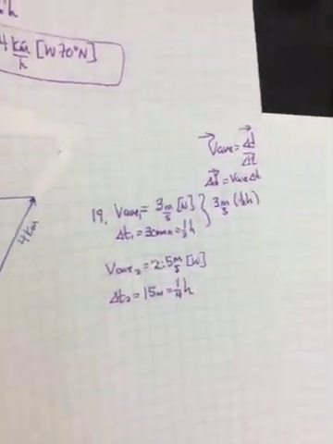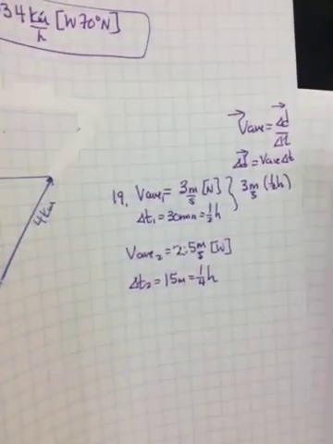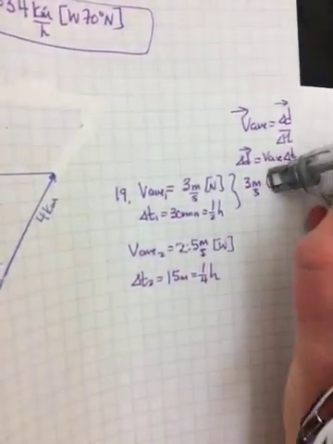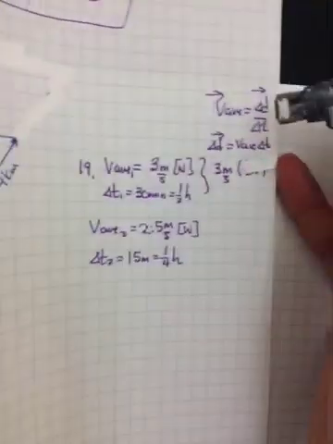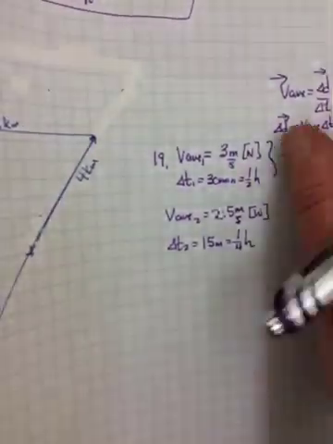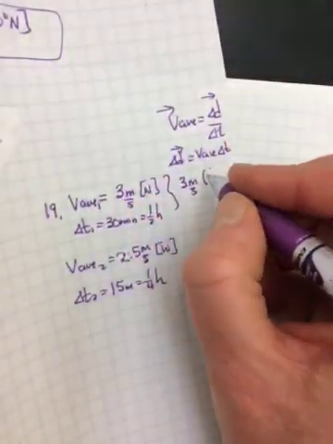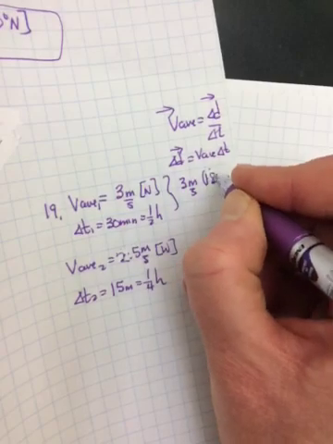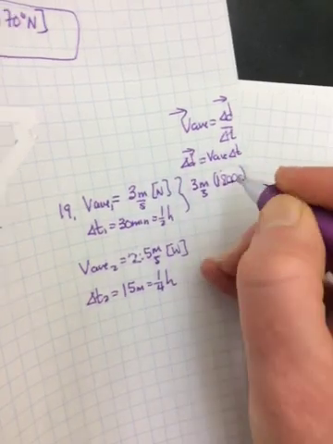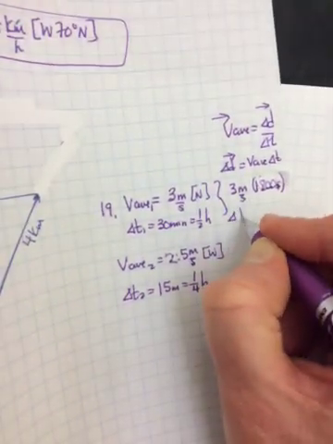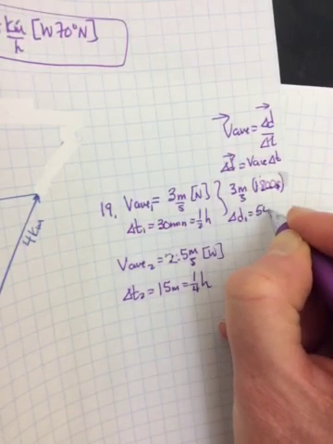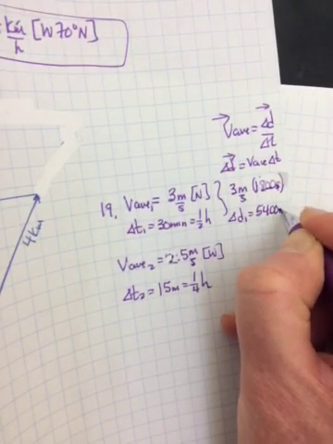Oh, wait. You don't want to go to a half hour, you want to go to minutes or seconds. Sorry, I went the wrong way there. Be good if I looked at the units of my velocity. So a half hour is 1800 seconds. So our delta d1 is going to equal 5,400 meters.